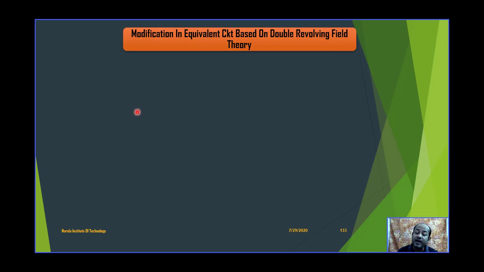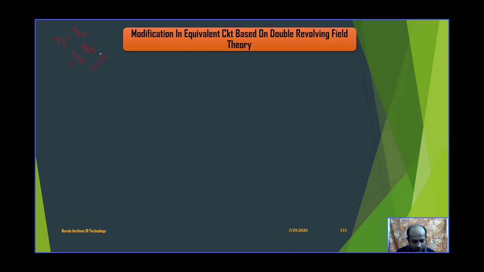When we studied the double revolving field theory, we saw that the magnitudes of both fields are the same, that is phi f equals phi b, and each is half of the total value of the pulsating field.